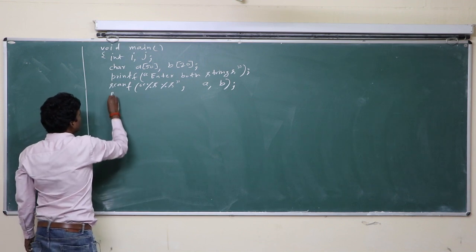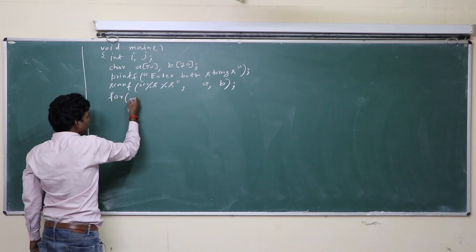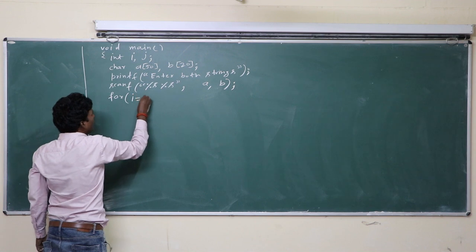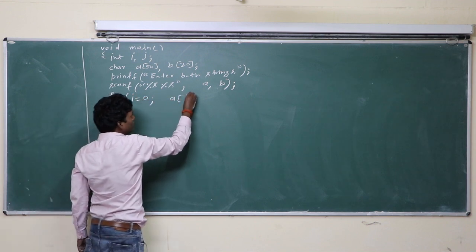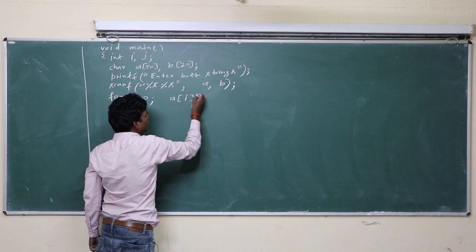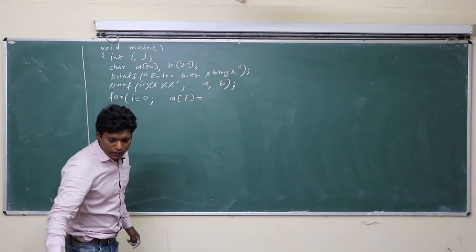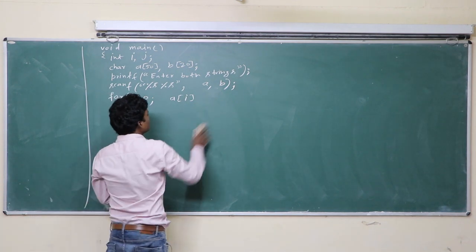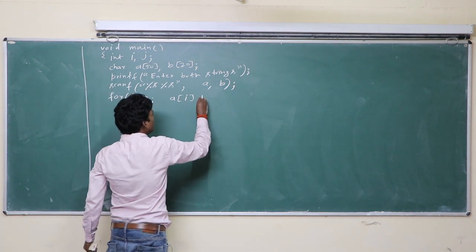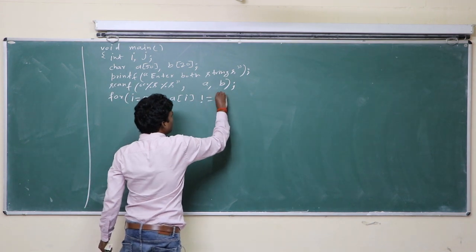Now for i equal to 0, a of i not equal to null.